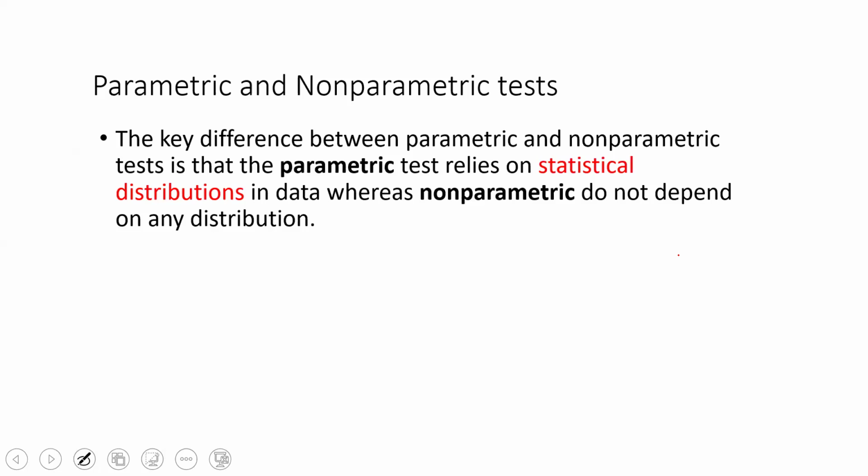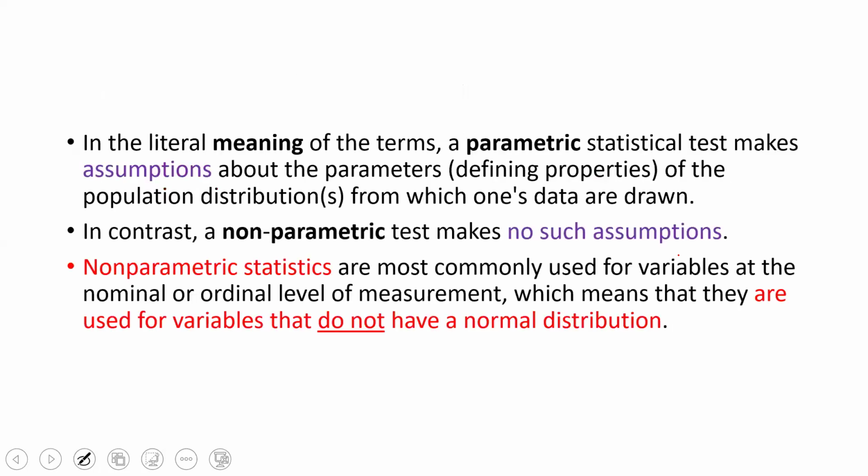What does that mean? The difference between parametric and non-parametric is that the parametric test relies on some assumptions, based on the source of the data, whereas non-parametric does not depend on any assumption or any distribution. As we continue, I will explain more what that means.